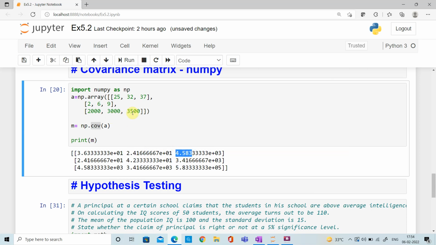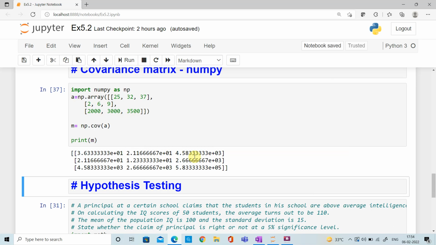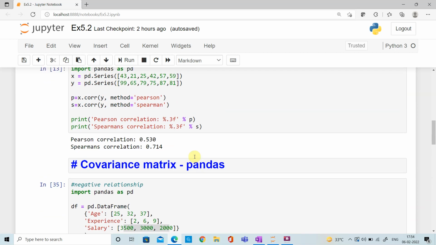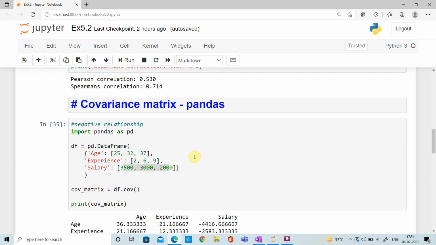So it again shows a positive correlation with your inputs. I think you now have a clear idea of how to calculate the covariance matrix using either NumPy or pandas.